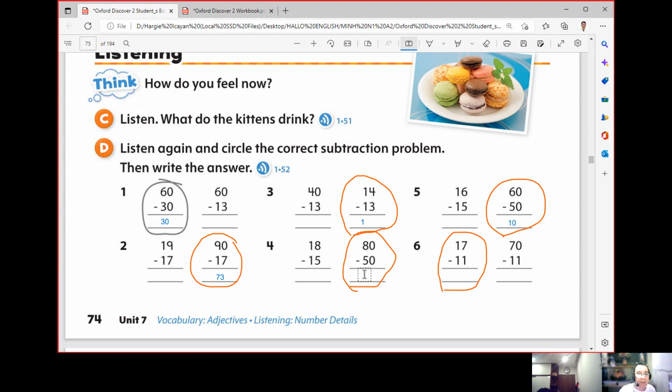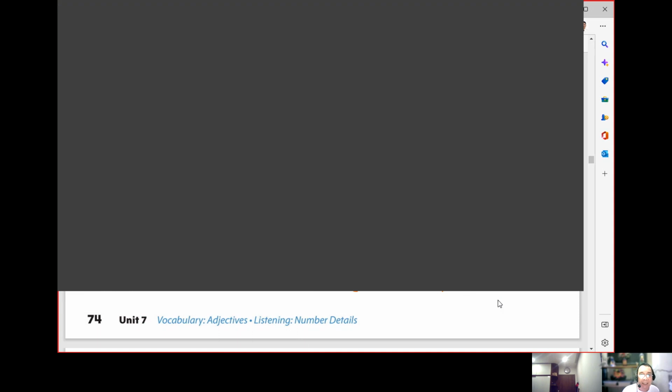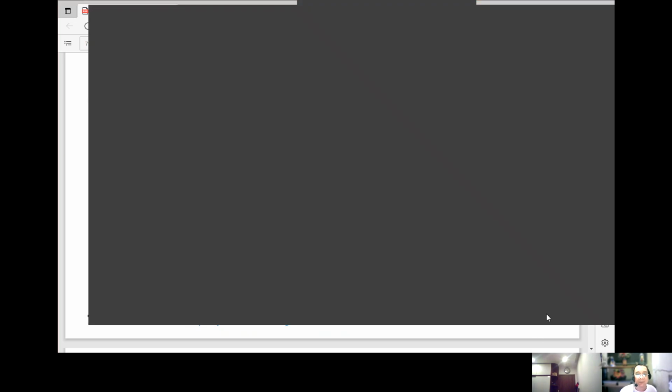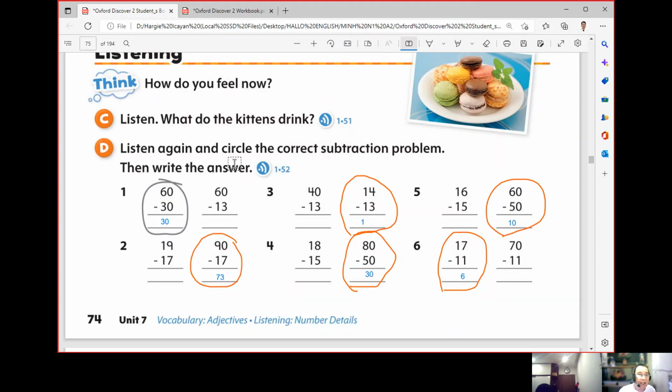Next, 18 minus 15, that makes 3. And then 17 minus 11, that would be 6. Okay, so that is how we are going to answer this problem.